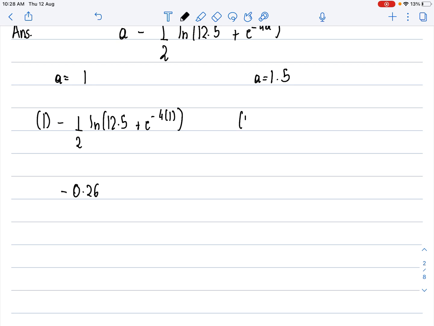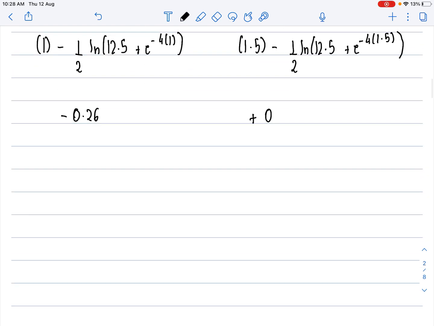Now in the place of a I put 1.5, so I have 1.5 minus half into ln 12.5 plus e raised to minus 4 into 1.5. Correct? Now when I solve this on the calc, I get my answer as positive 0.237.